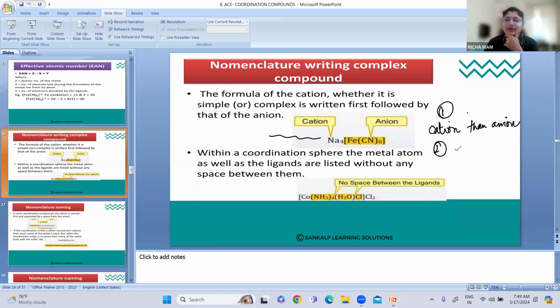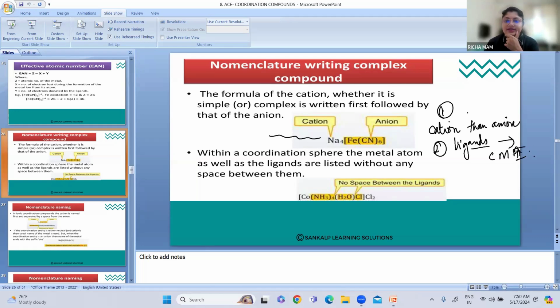Second, when you are naming the complex ion, the ligands are named first, and then your central metal atom or central metal ion.